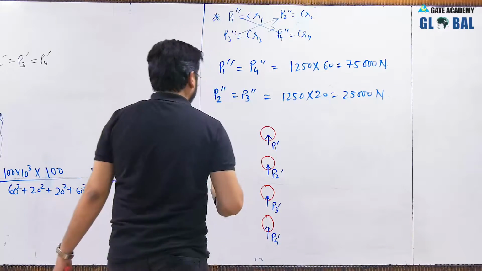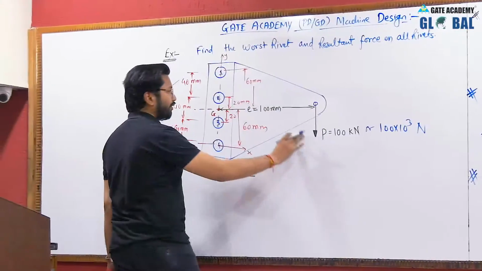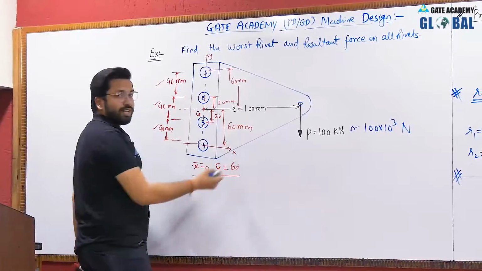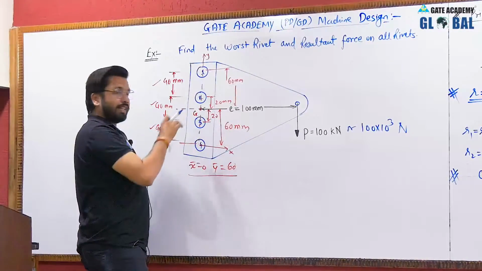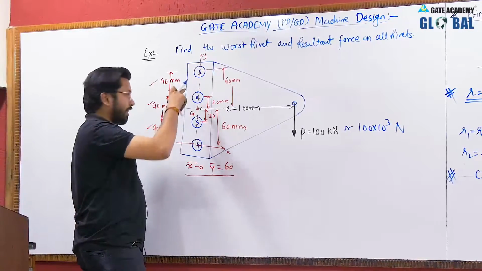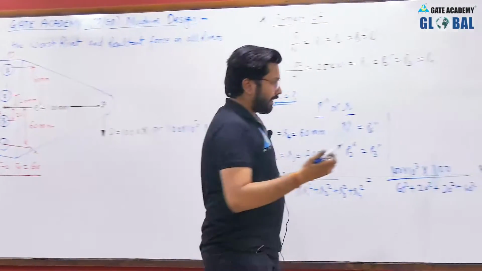Now as you can see, the external force will be creating a clockwise sense of rotation about the centroid. So the rivets will be producing an anti-clockwise sense of rotation about the centroid, hence we will be requiring the direction of force like this.